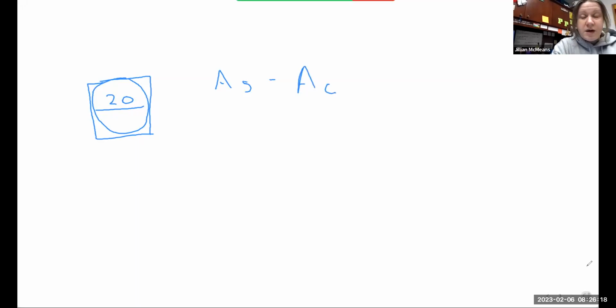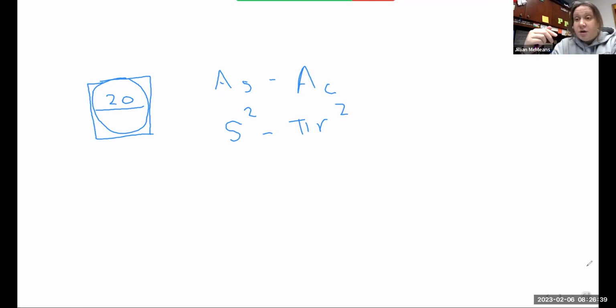So the area of the square, you just take the length of the side and then you square it, or you take length times width, which is the same thing as the side times the side. So it's going to be side squared. And then for the circle, we take pi times the radius squared. Okay, so the issue here is, what is the radius and what is the length of the square?